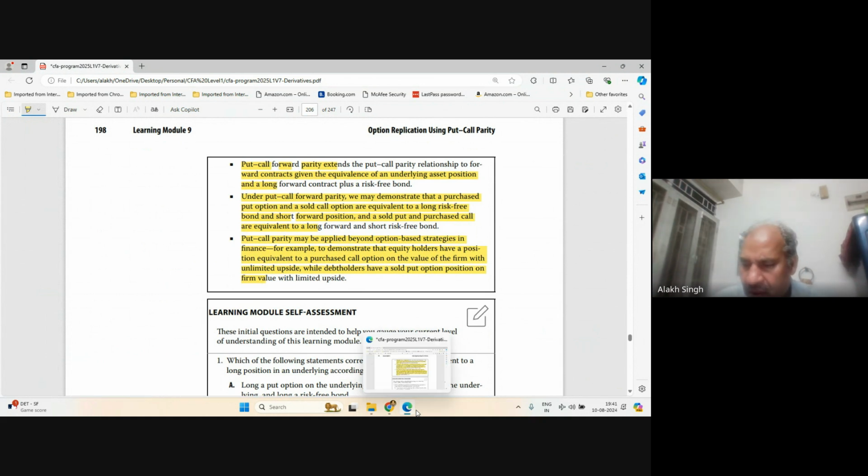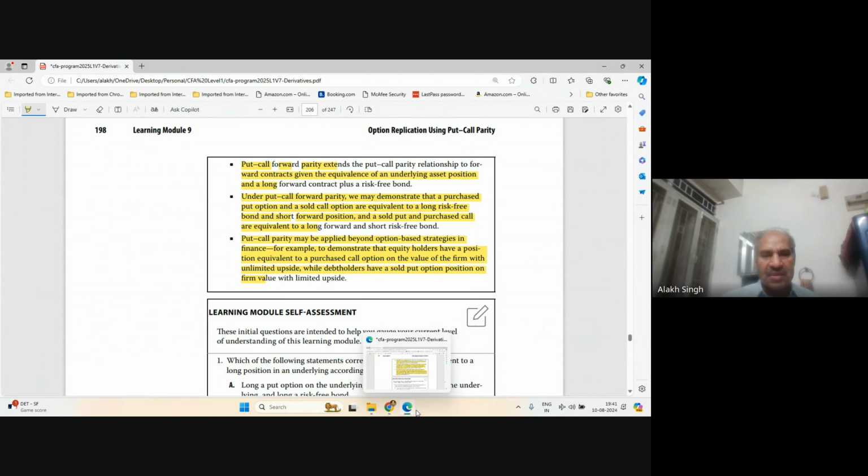Apart from that, we very well know that stocks are related to forwards. S0 times (1 plus R) to the power T is equal to F0T, provided there is no income and no cost. Otherwise, we can add those as well.